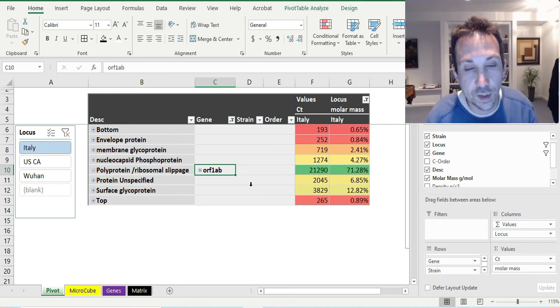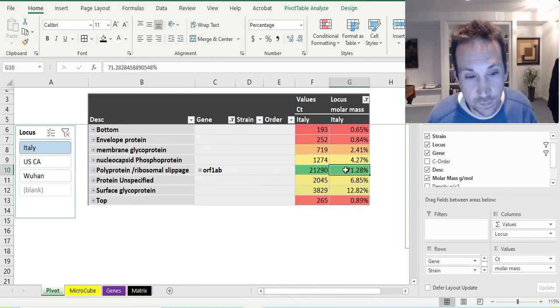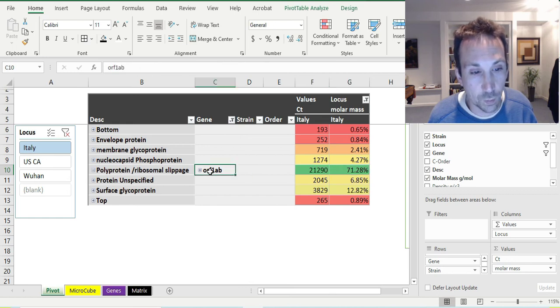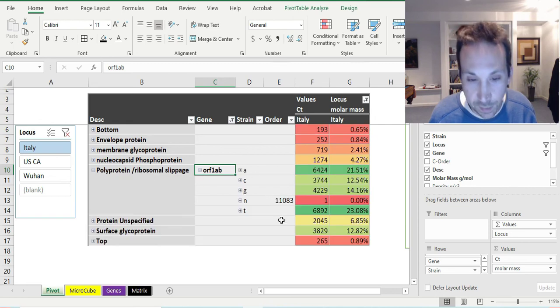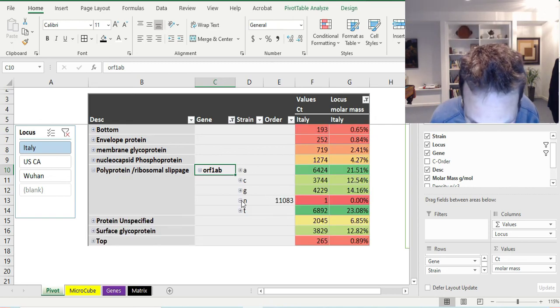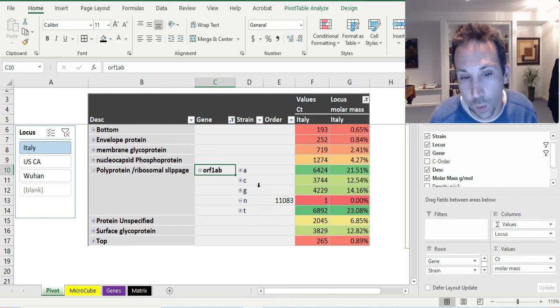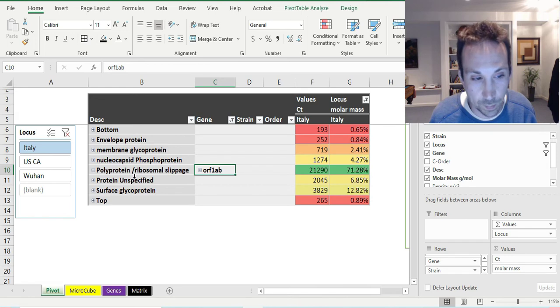We've got to destroy it in its form, especially when it's in our body. If 71% of it is this one polyprotein, which has ribosomal slippage or something, that's the main part of it getting copied in our cell, then figuring out how this sequence plays out, what the order is, and how to do something with this protein is probably really important when it comes to battling the virus.